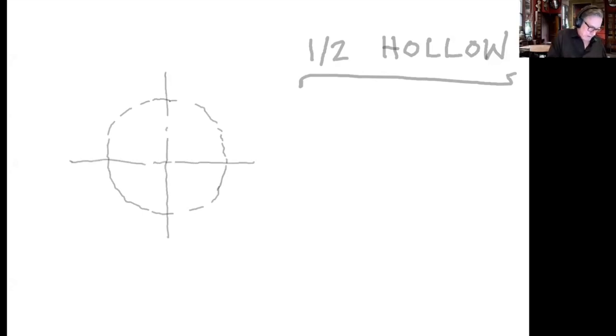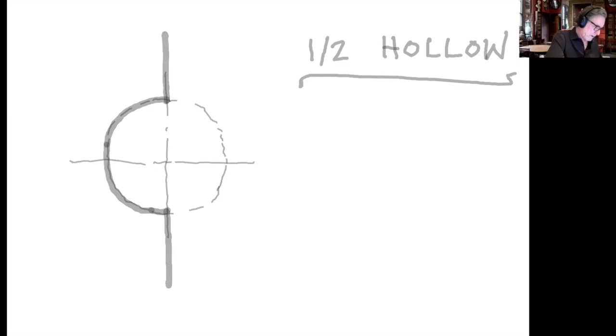Okay, and then our half hollow is just a half segment of a circle. So, you know, we have a wall here, say, and so the half hollow is just a half hollow surface like that. Very simple.